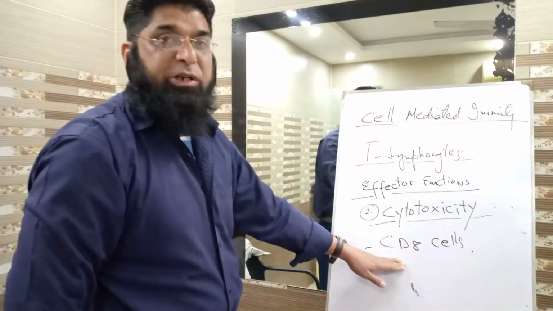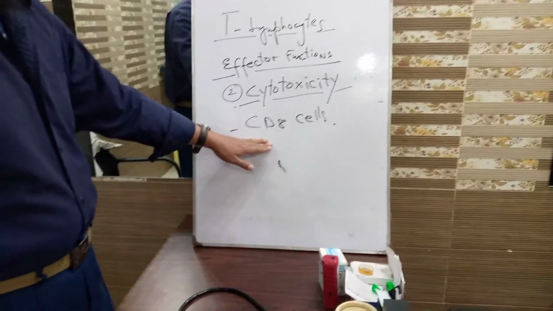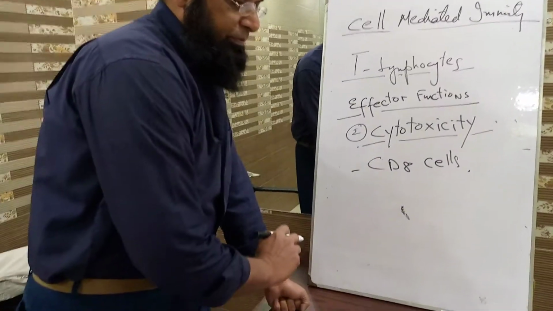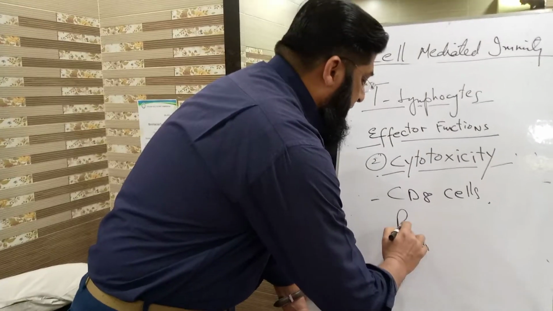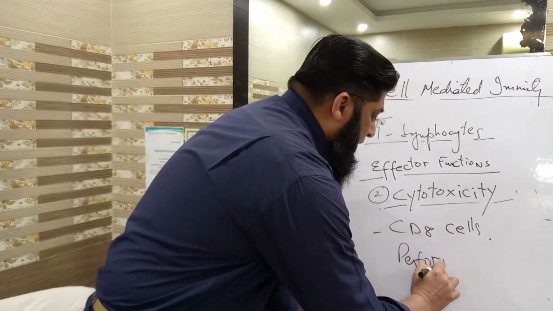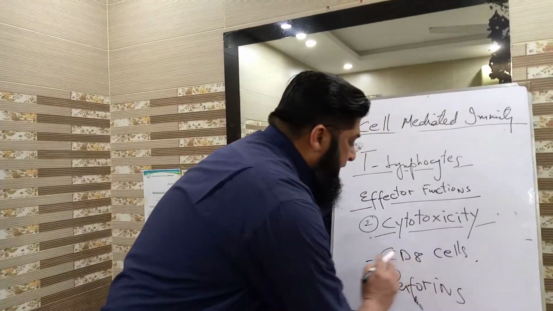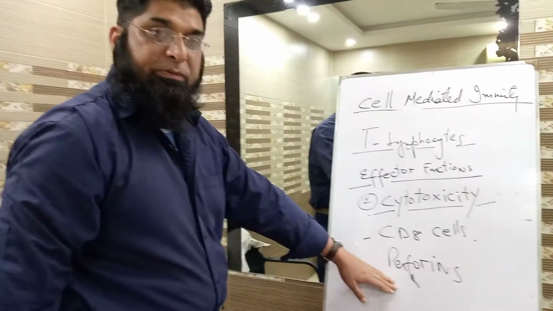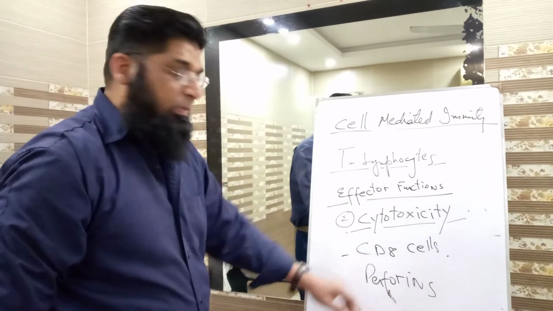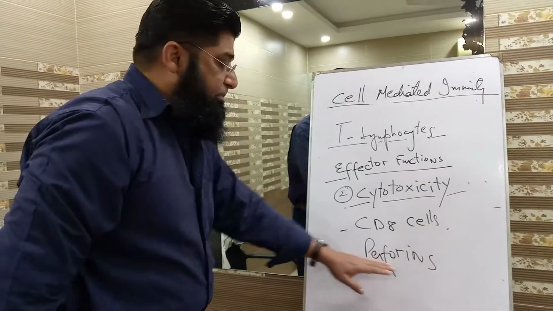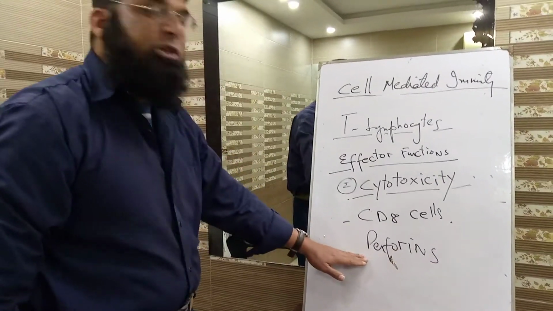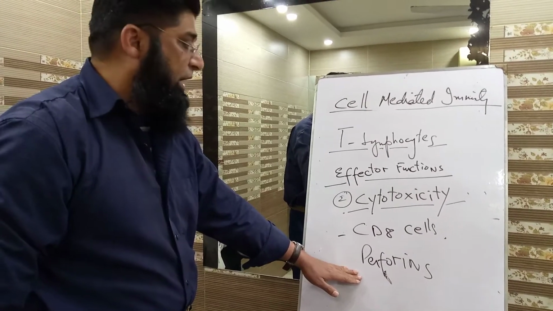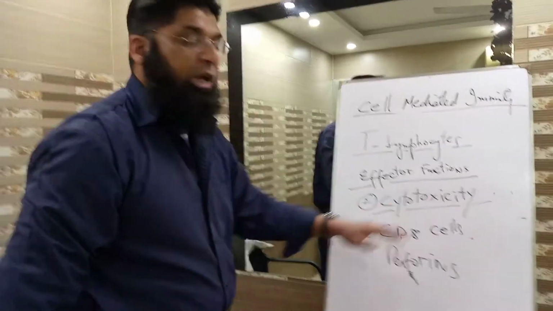CD8 cytotoxic T cells produce perforins, and it is because of these perforins that the infected cells are killed through the process of cytotoxicity.